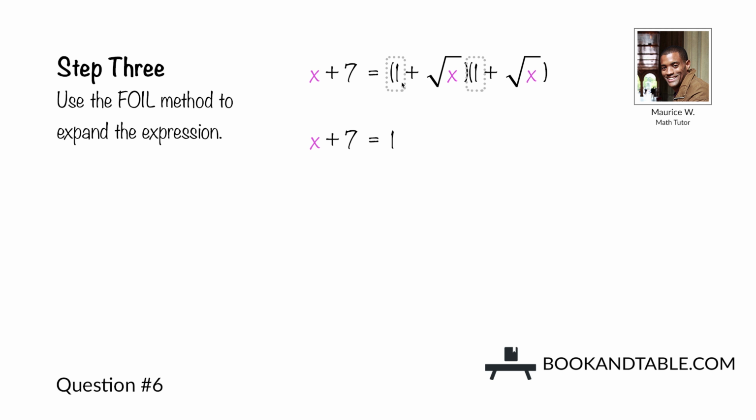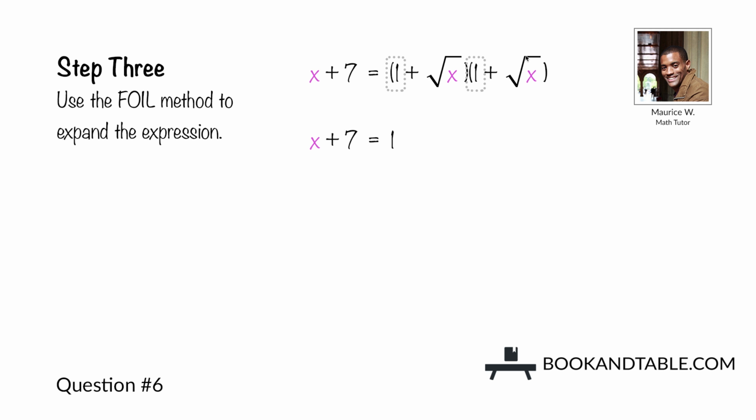So you'll multiply the first term inside the first binomial times each term in the second binomial. And then you'll take the second term in the first binomial and multiply it by each term in the second binomial. First terms, outside terms, inside terms, and then the last terms in each binomial.